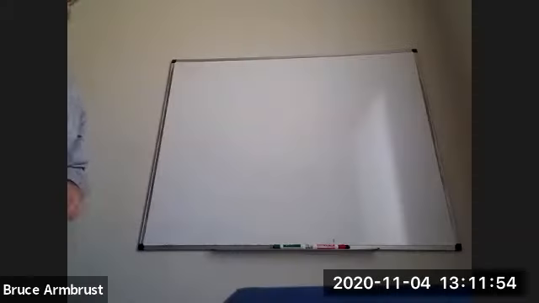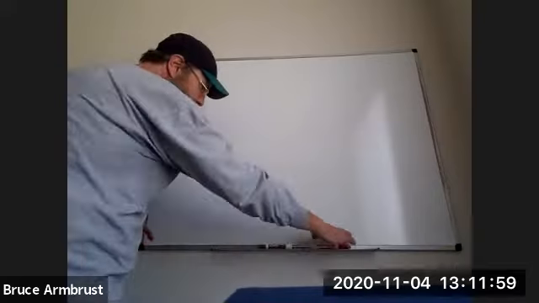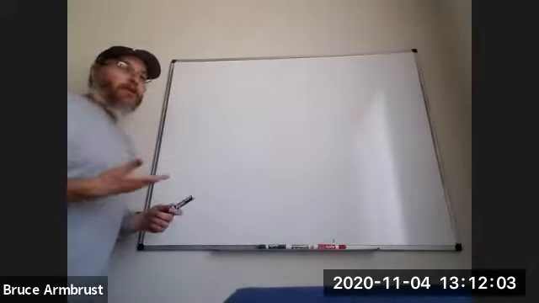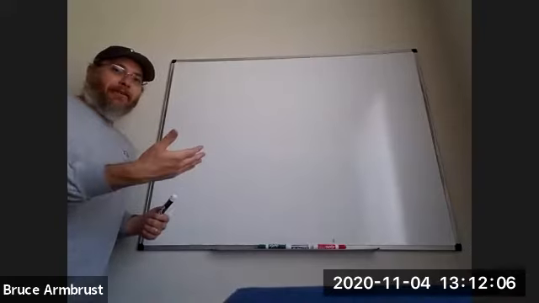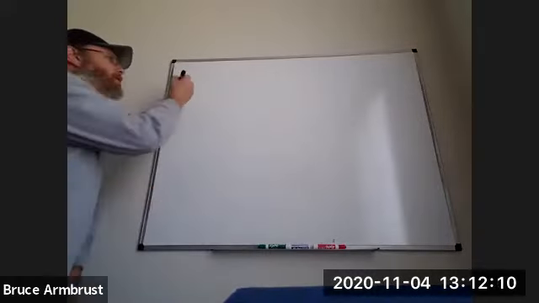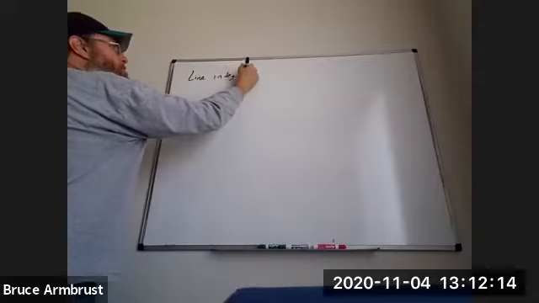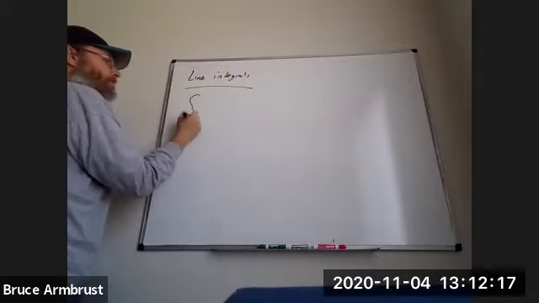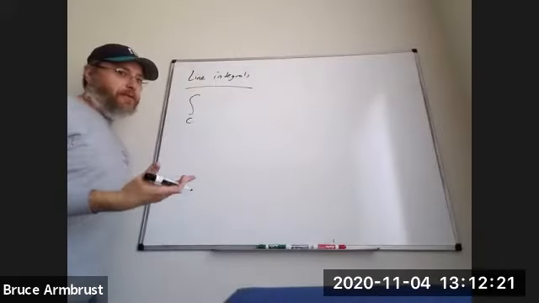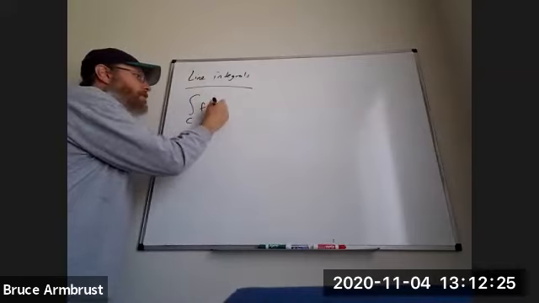All right. So line integrals. Just remember what they are. They're not really that big of a deal. It's just that now we're integrating a function over a path. We're going to take a function and integrate it over a curve. What they look like is an integral, and we put a big C here to tell us we're integrating over a curve. And then we've just got some function.